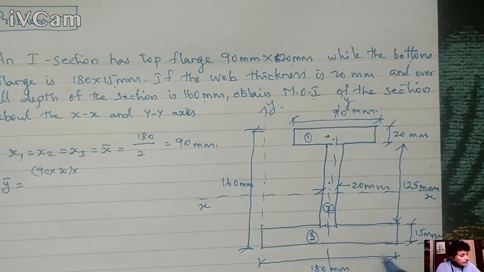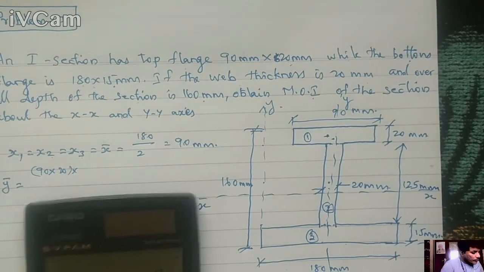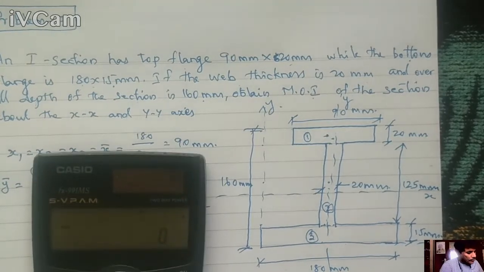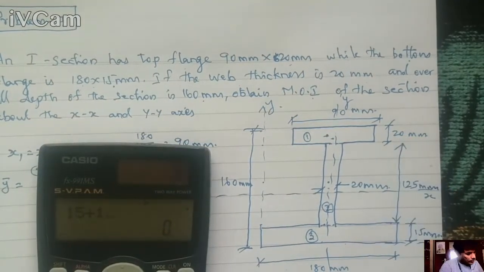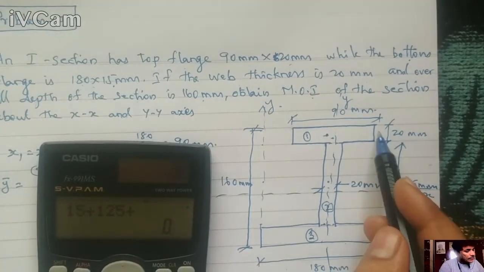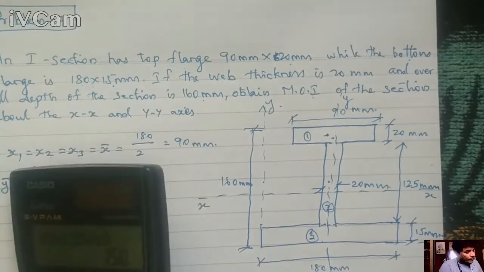So y1 is 15 plus 125 plus 20 by 2. How will you calculate y1? First this one, 15, plus this height, 125, plus half of this height, 10 mm, giving 150 mm.